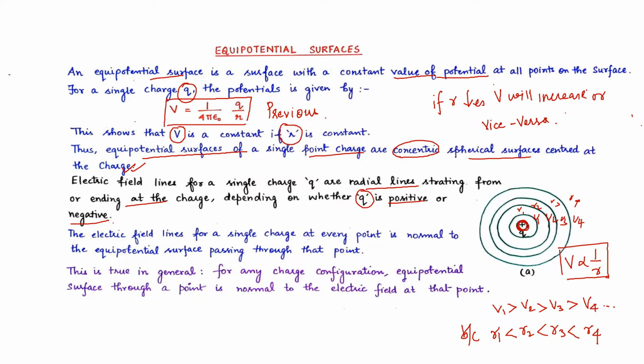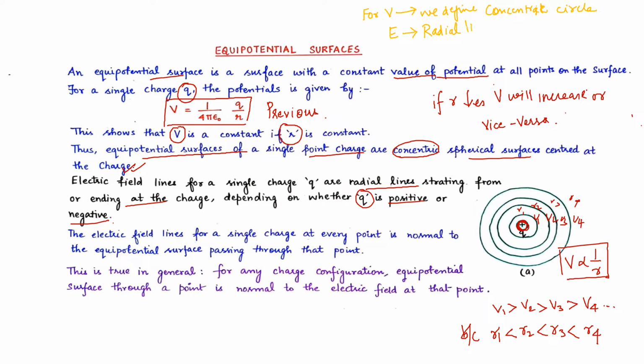Similar to the electric field lines, we can see that for potential we have concentric circles, and for our given electric field what we aim at defining is the radial lines.